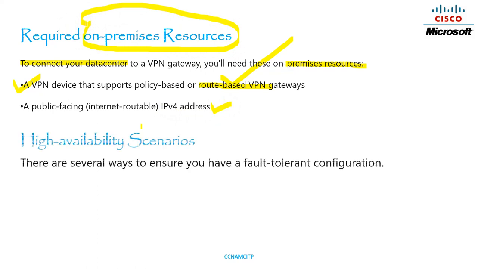Apart from this, if we talk about the high availability scenario, there are several ways to ensure you have a fault-tolerant configuration. For this, there are two types of mechanism: one is active-standby and the other is active-active.